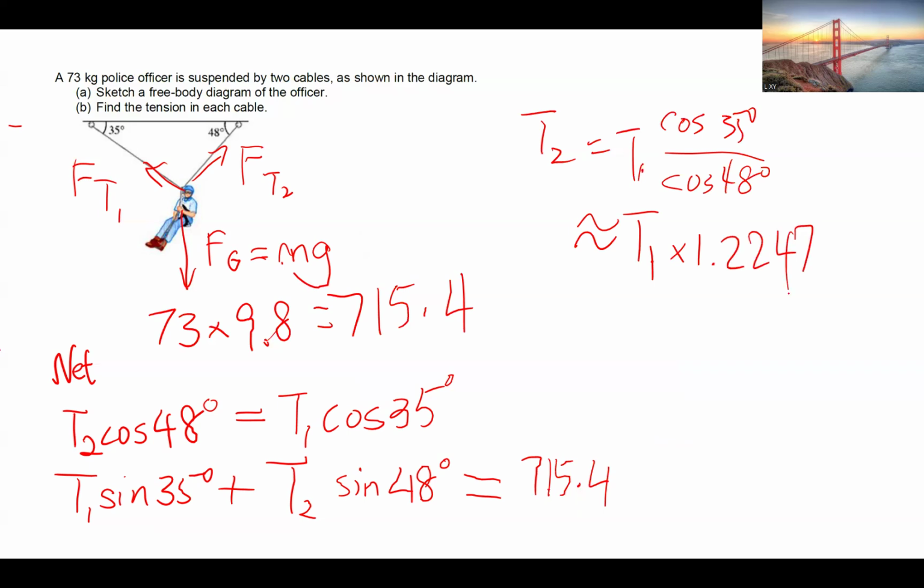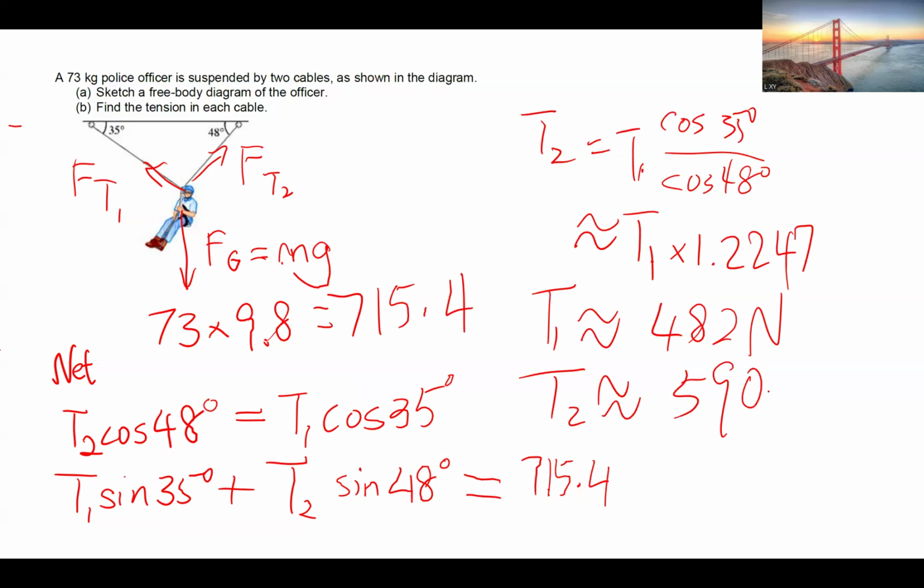Then plug into the y direction and find that T1 is about 482 newtons, so T2 is about 409 newtons. This question is generally easy compared to the other question we solved just now, so hope you understood it.